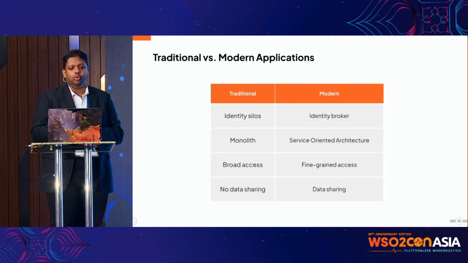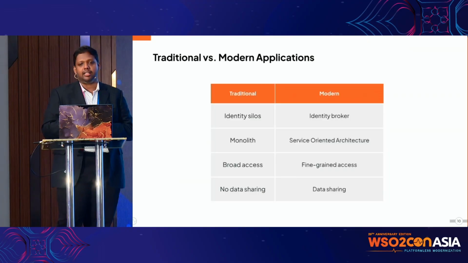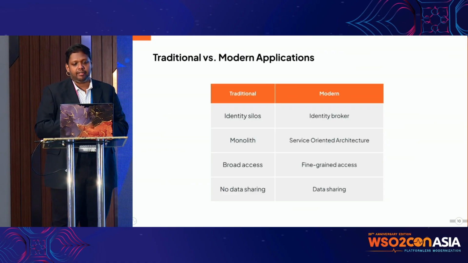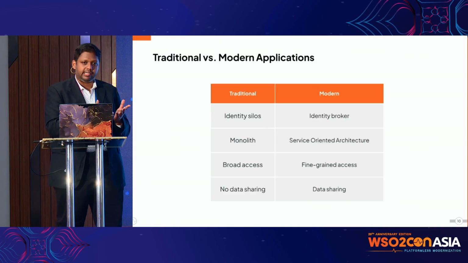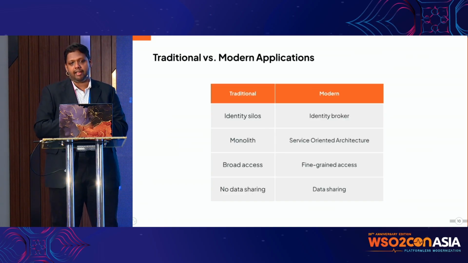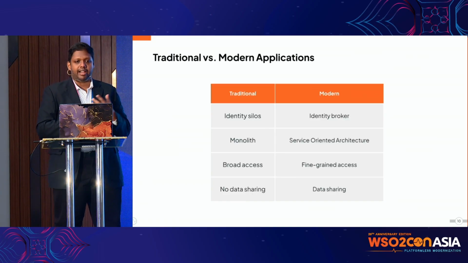And when we come to modern applications, what are the differences we see? When compared to traditional applications, we had identity silos, and in modern applications, we have centralized identity brokers. Traditional applications were more monolith applications, whereas modern applications are more service-oriented architecture.